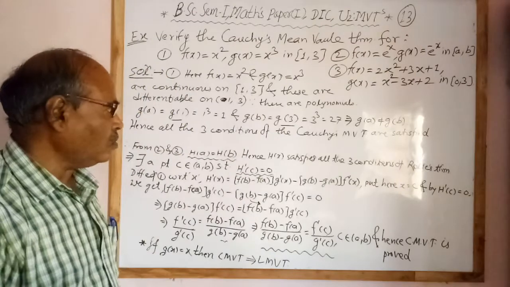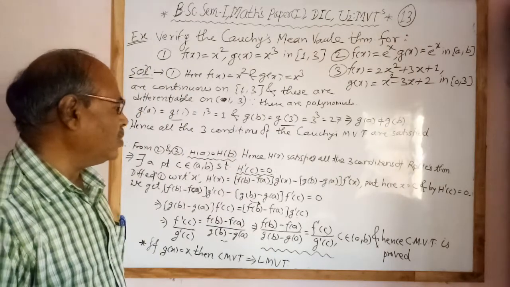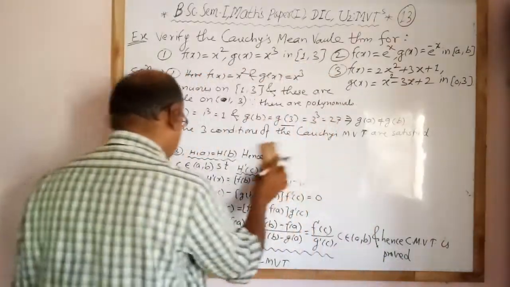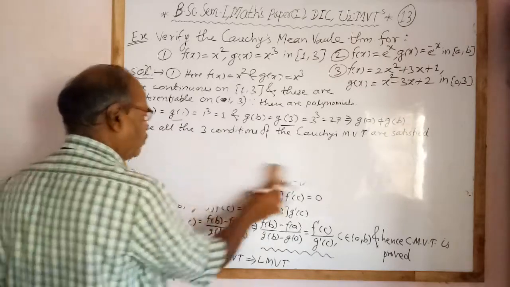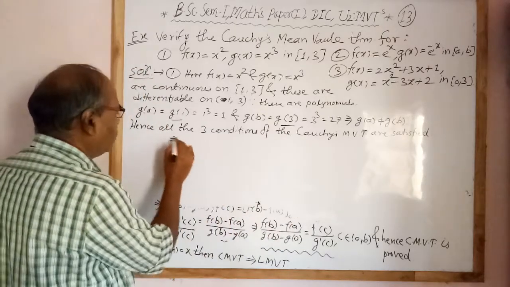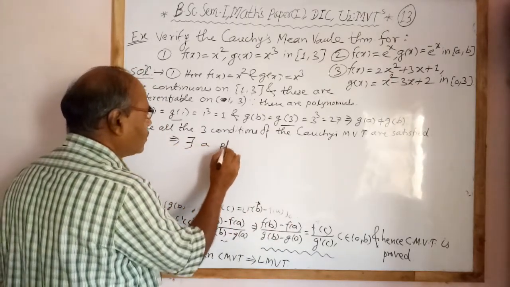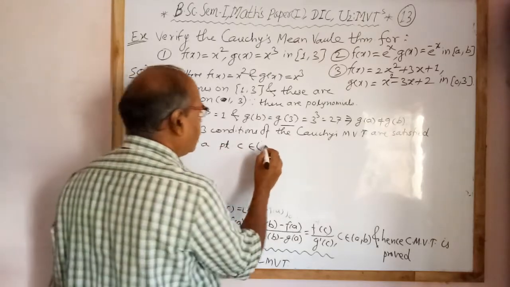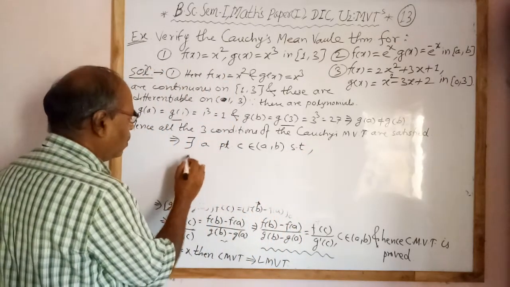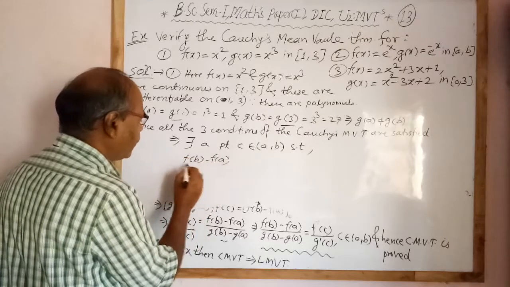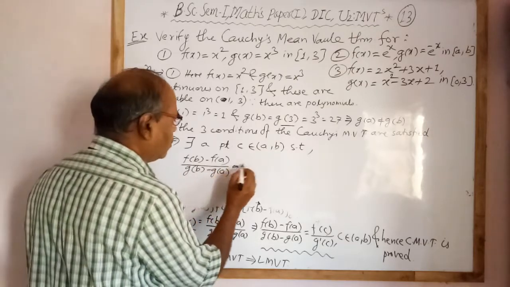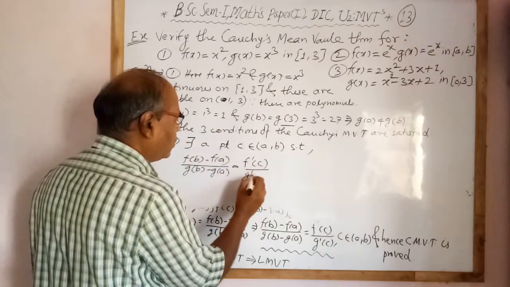Therefore, according to Cauchy's mean value theorem, there is a point c belongs to the open interval (a, b) such that f of b minus f of a divided by g of b minus g of a equals f dash of c divided by g dash of c.